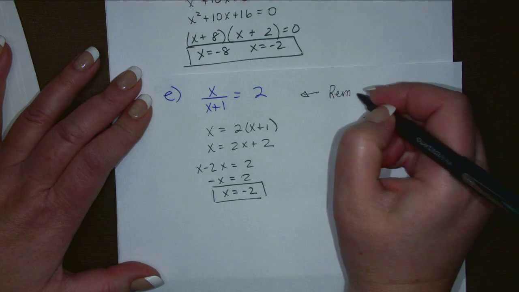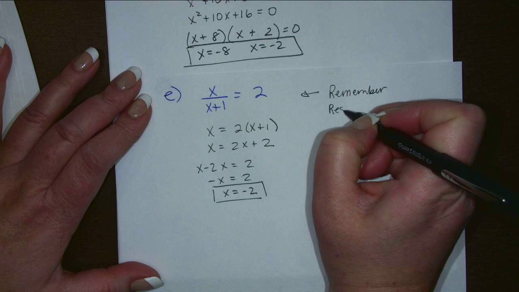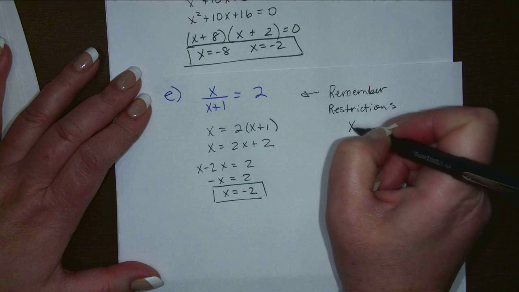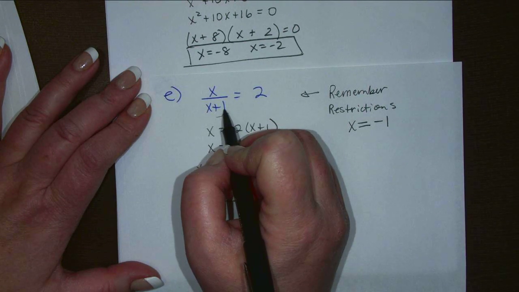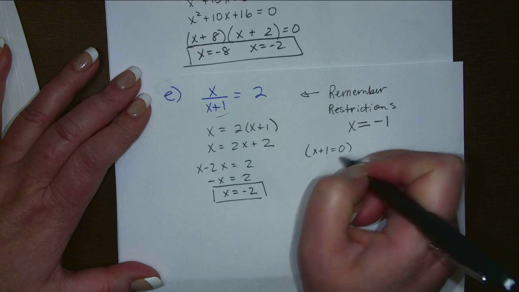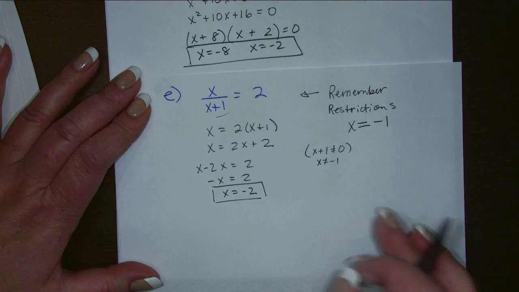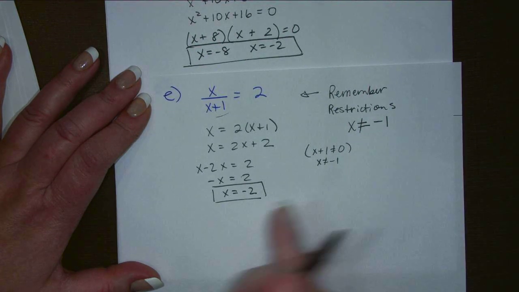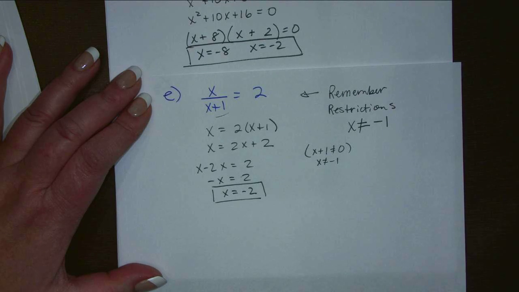What are the restrictions? x cannot equal -1, right, because the bottom of this can't be 0. That's x plus 1 equals 0. If you solve that, you would get -1, and we say, well, it can't be because it's on the bottom of a fraction. So you have to remember that x can't be -1. So we got -2, so that's okay, because it's not -1. So you'd have to remember that if you're asked about a fraction.